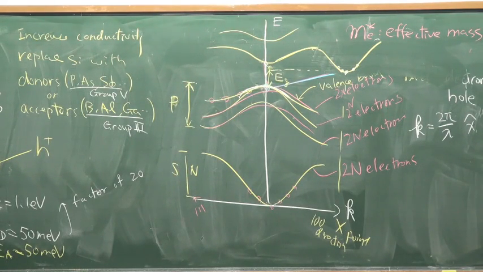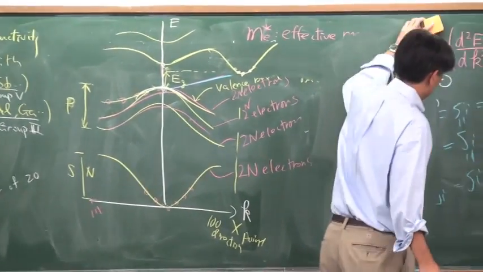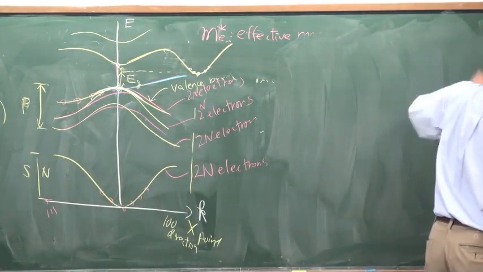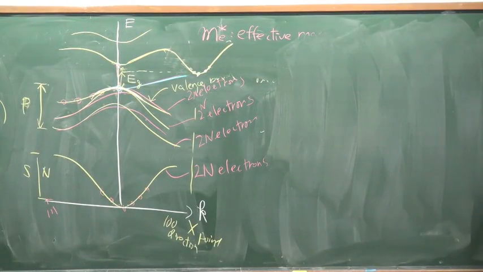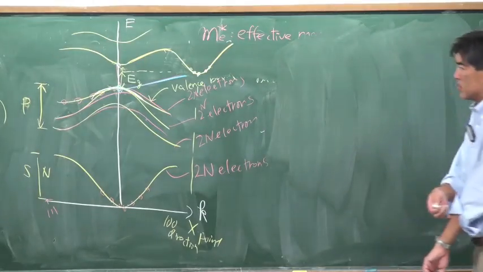So how do we account for such an effect? To account for such an effect, we introduce the concept of the density of states, the Fermi function, etc. So basically, the situation looks as follows.